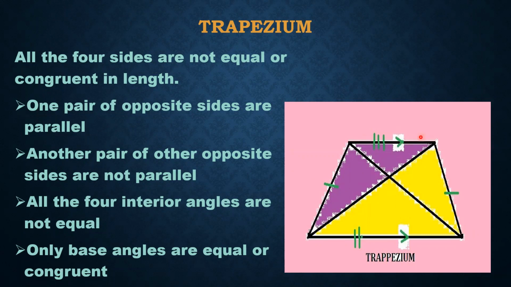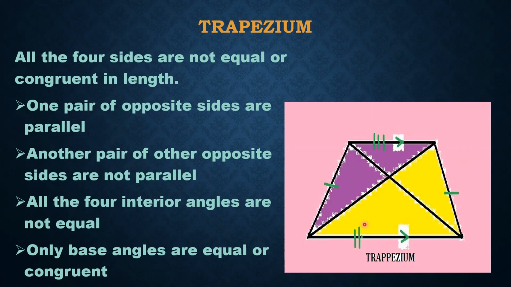Here and here will definitely meet somewhere. So those lines that have been slanted here are not parallel, okay? They will meet somewhere. When you extend them in the same direction, they will also meet somewhere, okay? But the horizontal lines here, the top line and the baseline, are parallel, okay?